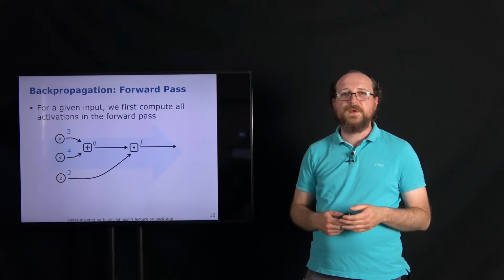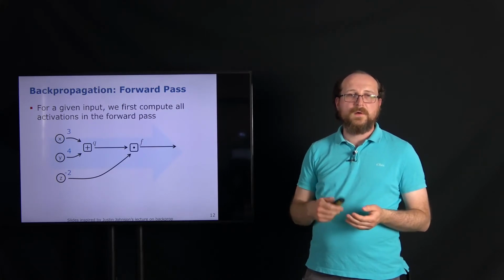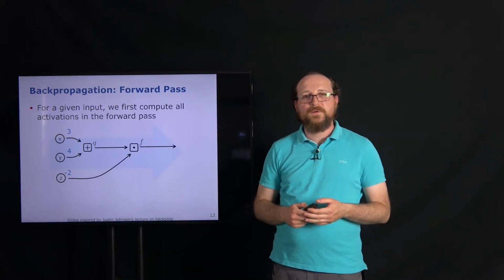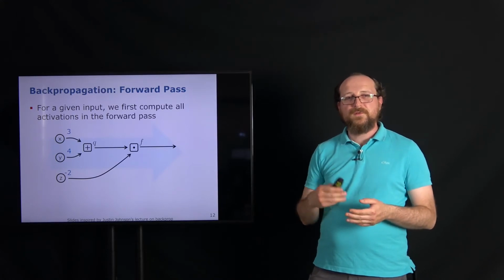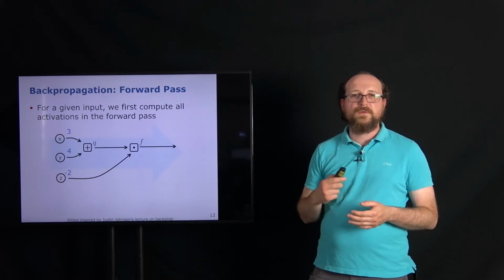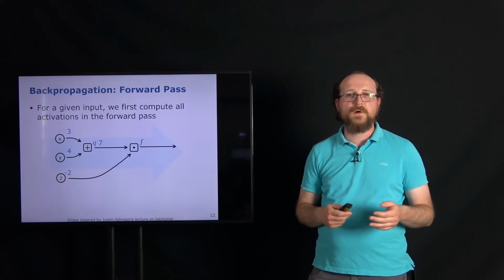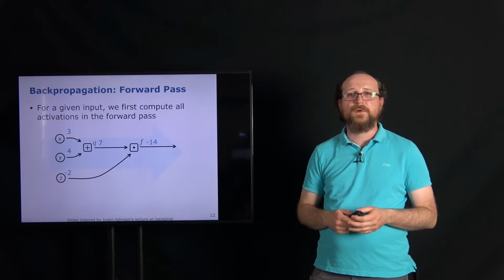In this case, we have as inputs x equals 3, y equals 4, and z equals -2. And then we just apply the directions of the edges and use this to determine the outputs. So for q, this is of course the sum of 3 and 4, which is 7. And for the product of 7 and -2, this is then -14.